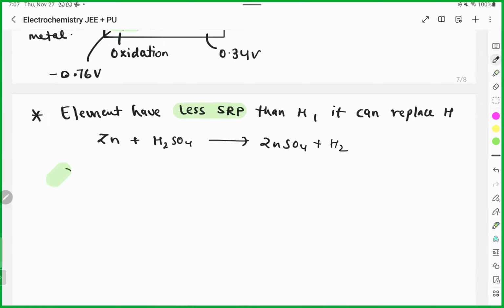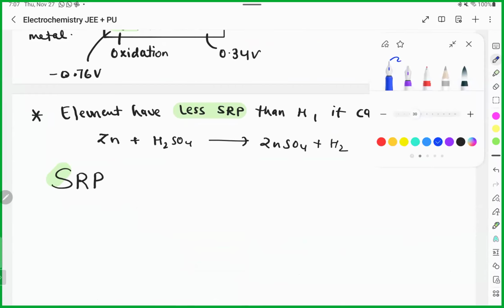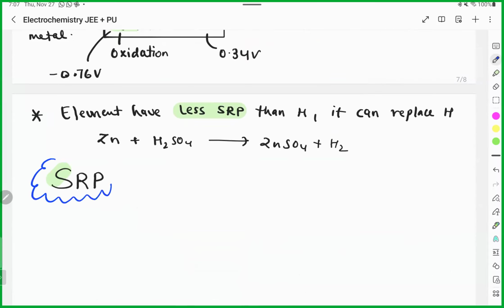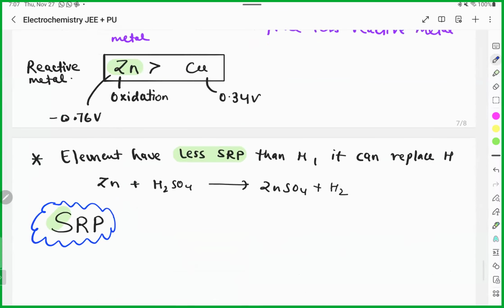I prefer SRP. Always take only SRP, and remember that SOP is the opposite of this. Example, when I wrote 0.34 volt here, I took SRP, reduction potential. That's why it became easy to do.